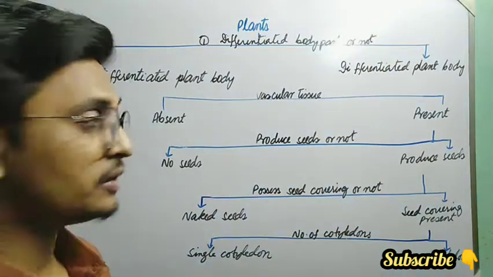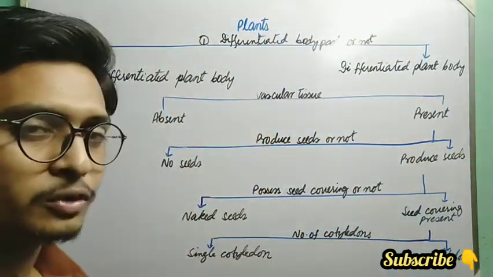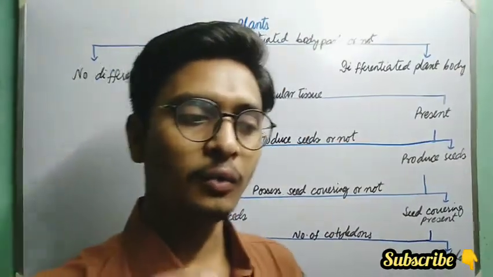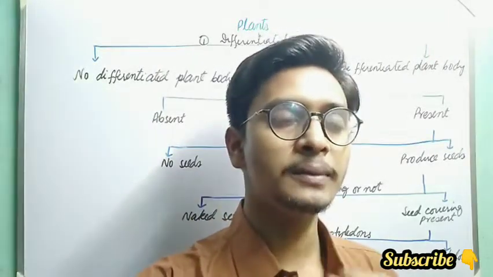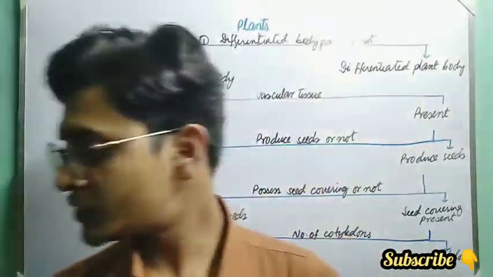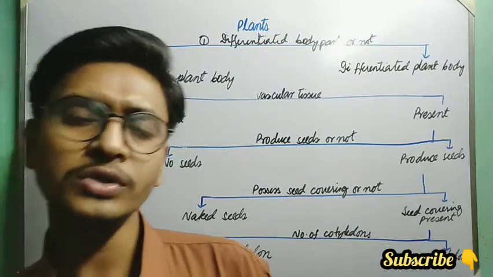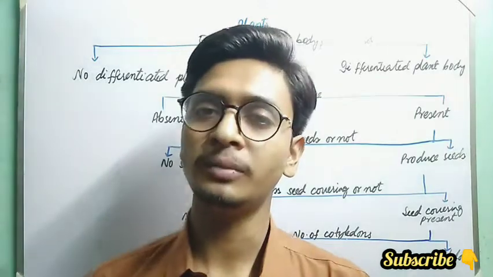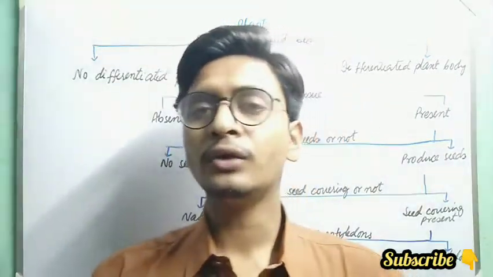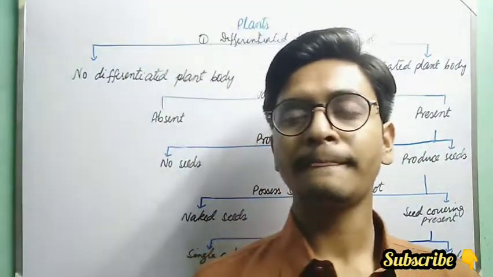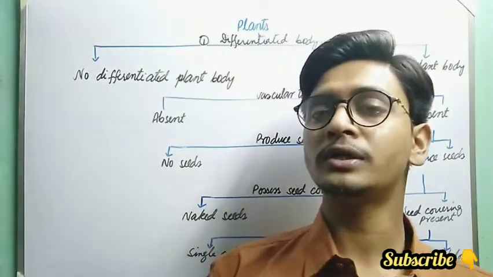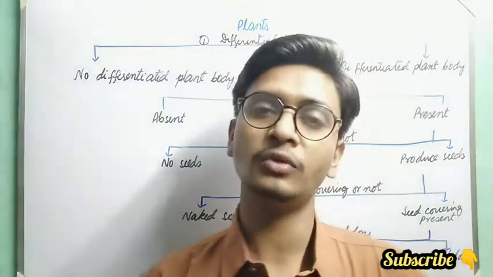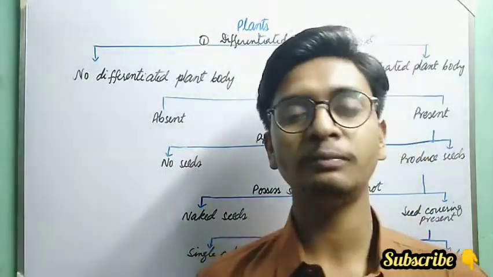So if they have a differentiated plant body, differentiated body parts means the plant which is having well defined roots, leaves, stem, branches, which can be easily distinguished, those plants are said to have differentiated body parts. And those in which we cannot easily distinguish whether which one is the root, which one is the stem, which one is the leaf, those are said to have an undifferentiated plant body.